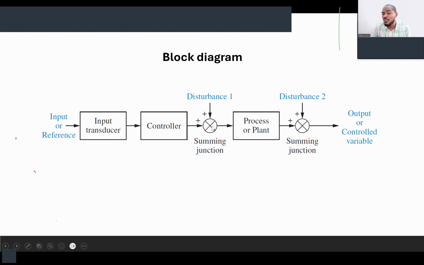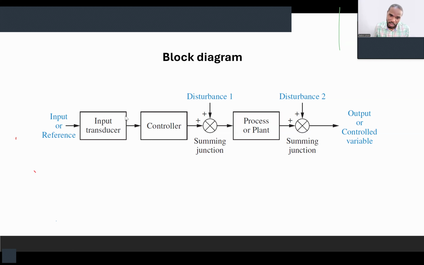We want 0.5 newton to work on this process or on this plant. But because of maybe environmental winds or something, there's another force that comes and acts. Then we have more than the 0.5 newton. So that object you want to move will move further than you expected.